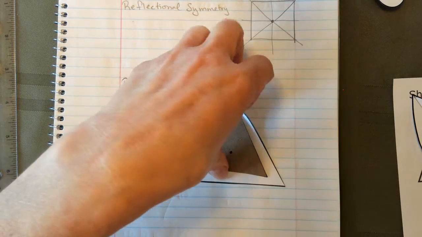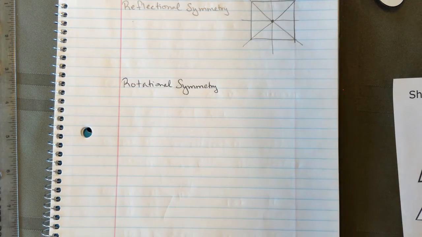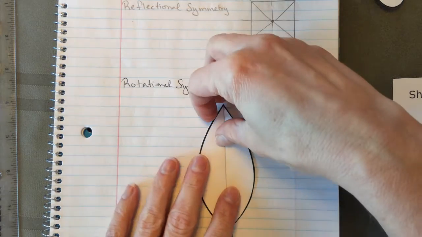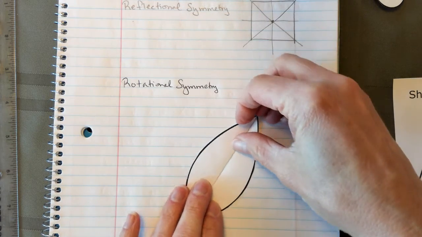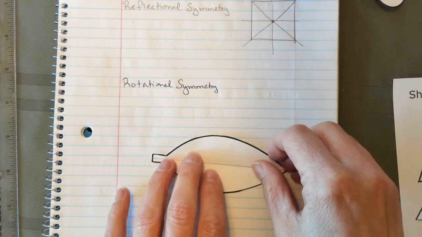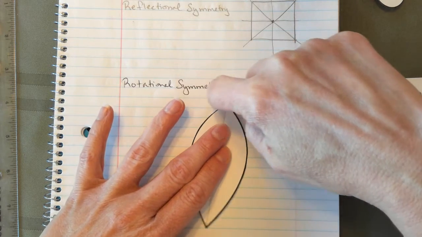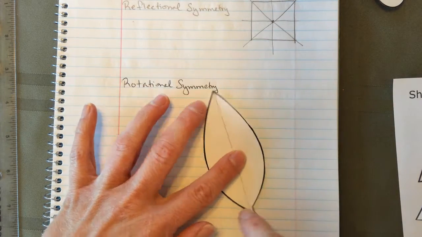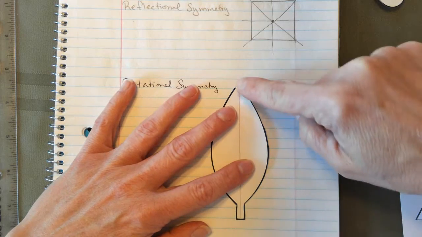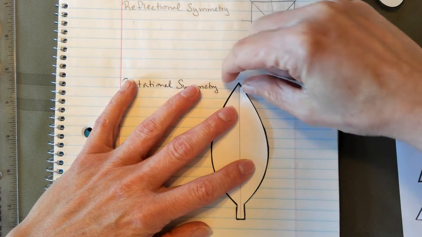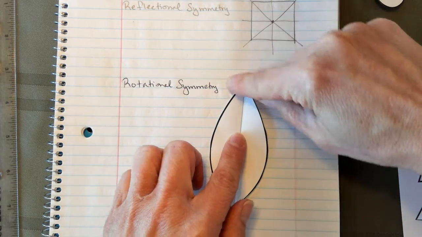Well, does everything have rotational symmetry? Well, let's talk about our leaf. How far do I have to turn it before I map it back onto itself? How many degrees am I having to move? So I'm going to start that again. I'm going to focus on the point, okay? How many degrees does this point have to move?